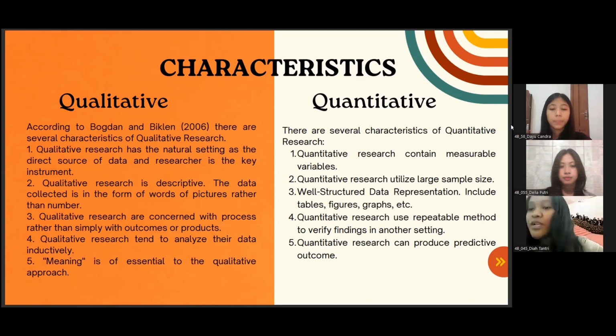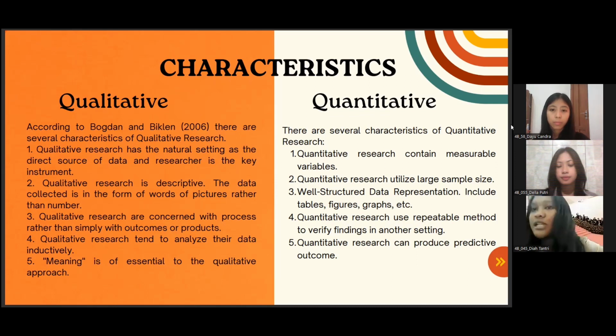The last one is that meaning is essential to the qualitative approach. Qualitative research places more emphasis on understanding the in-depth meaning of a phenomenon. So meaning is data. For the next characteristics will be explained by Della.